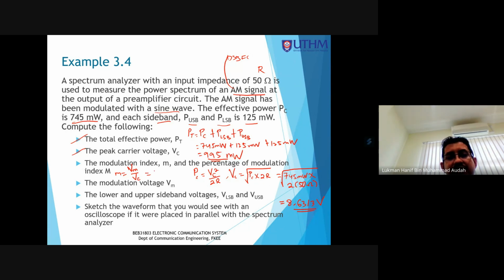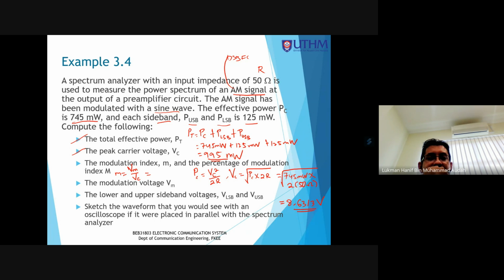We don't know how much VM is; VM is in the next question. So we need to determine this first. We don't know VM, but we can actually find it.